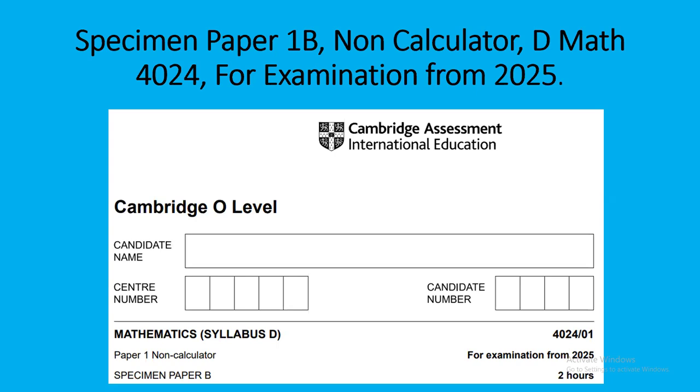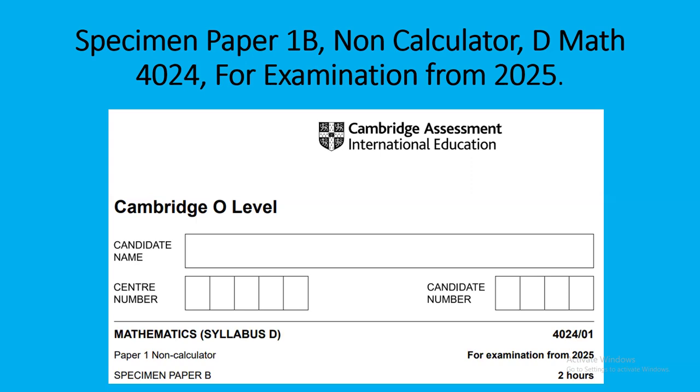Cambridge has issued 2 specimen papers for the examination starting from 2025. There is a little change in the Mathematics Syllabus D, and this is the second Paper 1 from Cambridge for the examination from 2025.